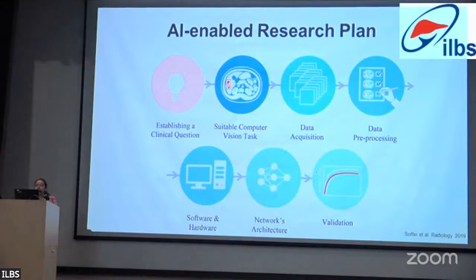Then the validation step comes when the model is ready; it needs to be tested on a new data set, which is called validating the model. So these are the brief steps of an AI-based research plan.